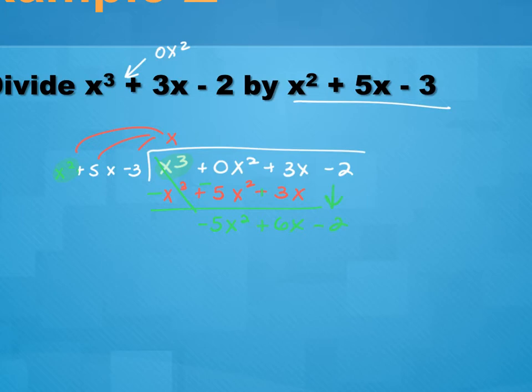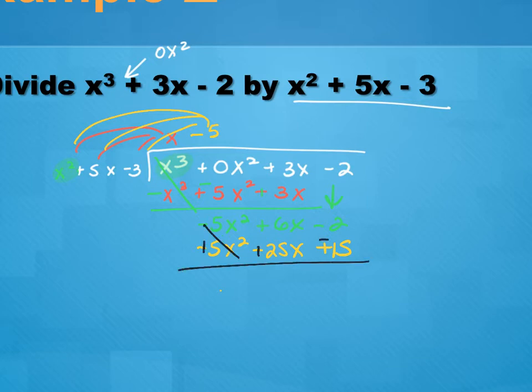What would I multiply x squared by to get to negative 5x squared? Negative 5. Multiply it times all 3. Change your signs. Cancels. 31x minus 17.